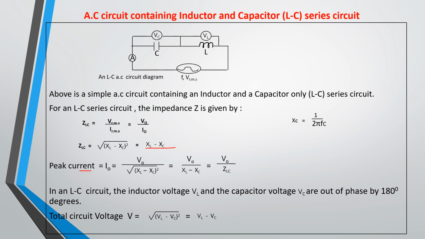Then the peak current is equal to the voltage all over the impedance, just like we had before. And then the overall voltage flowing through the system is equal to the square root of the difference of the squares of the voltage through the inductor and the voltage through the capacitor.